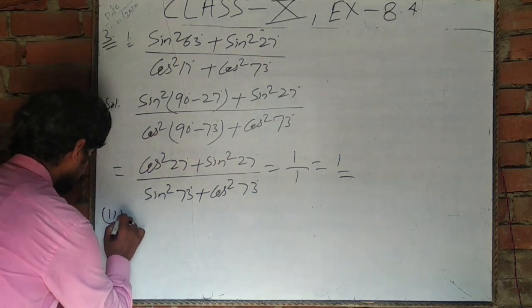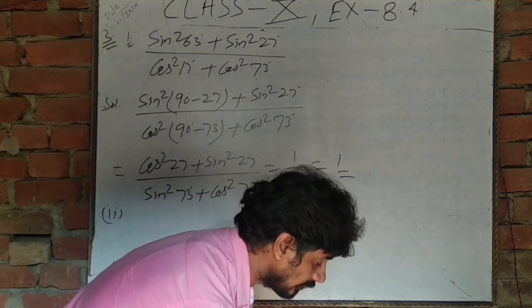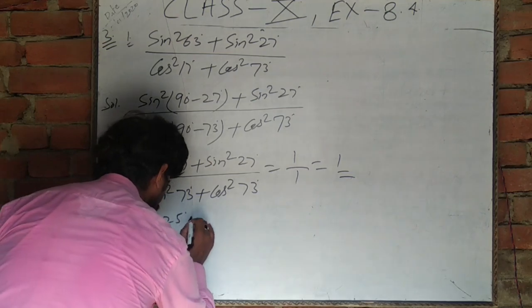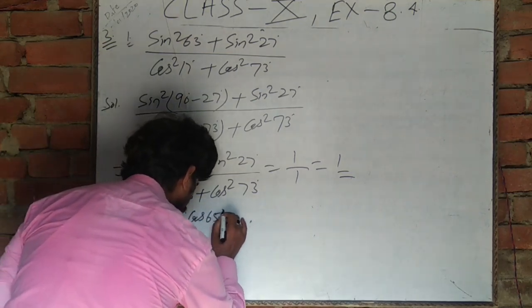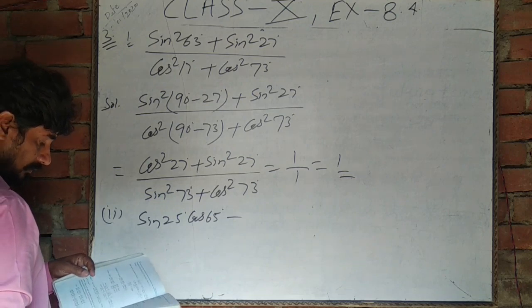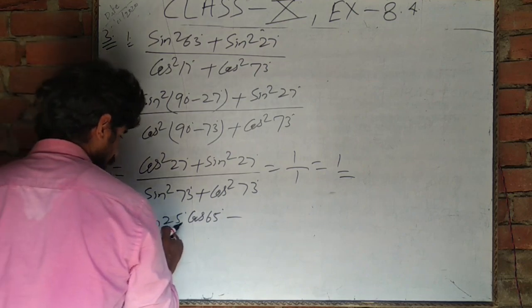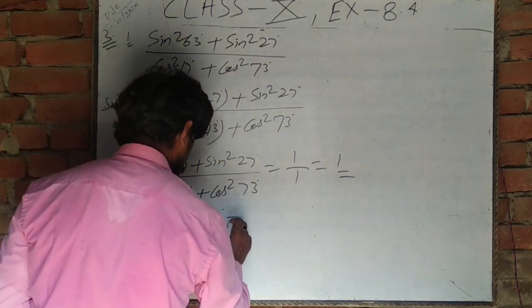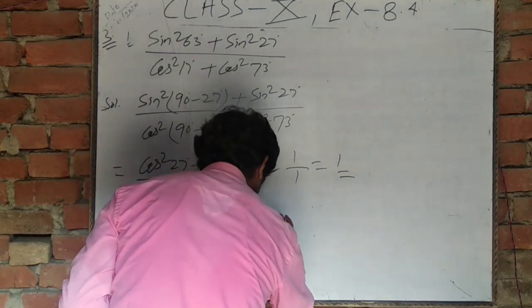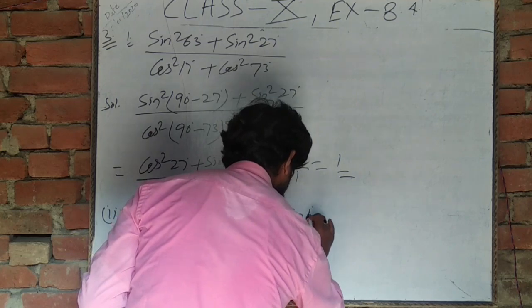Again, second of third: sin 25 degree cos 65 degree minus sin 25 degree plus cos 65 degree plus cos 25 degree and sin 65 degree.